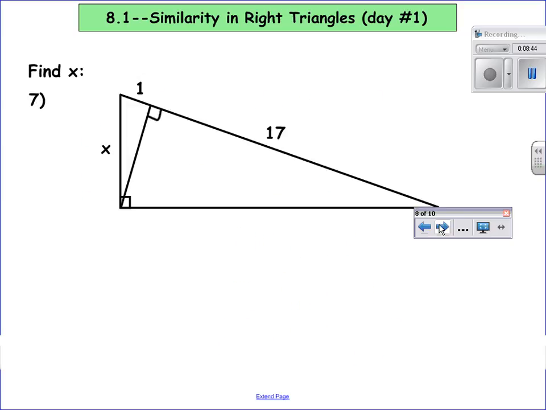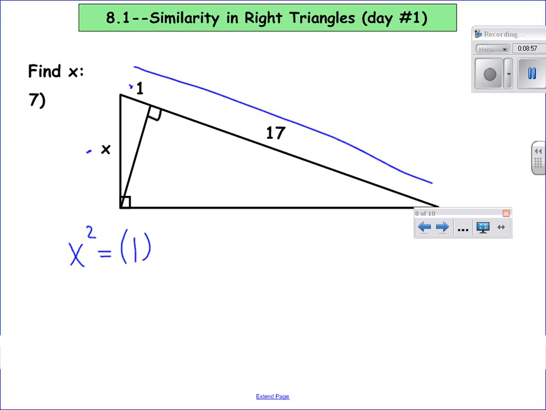All right, let's try a couple more here. So I've got the leg here, so x squared equals 1, the closed piece of the hypotenuse, times the whole hypotenuse, which is 18. X squared equals 18. Take the square root.